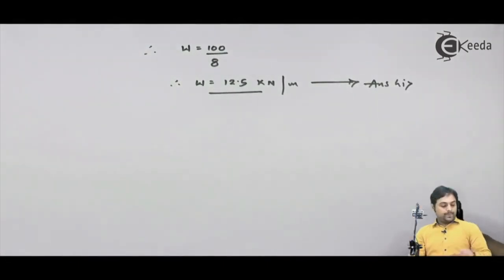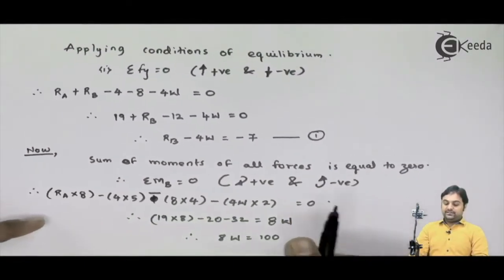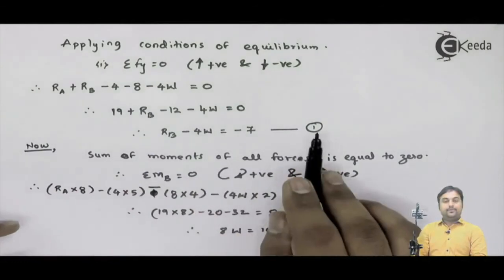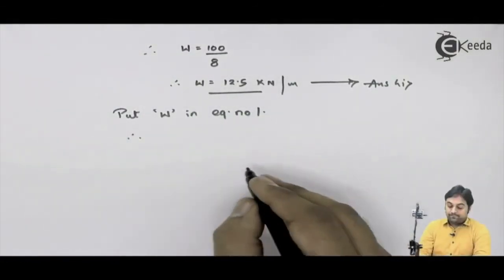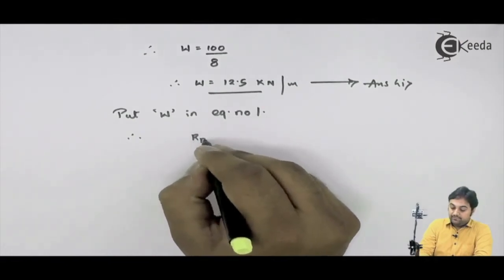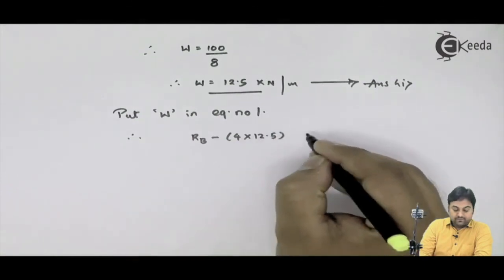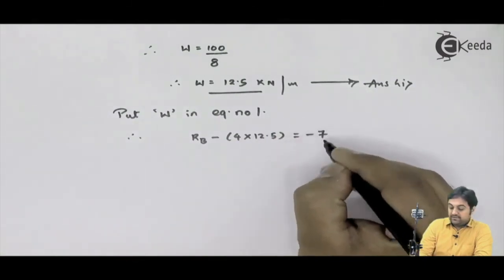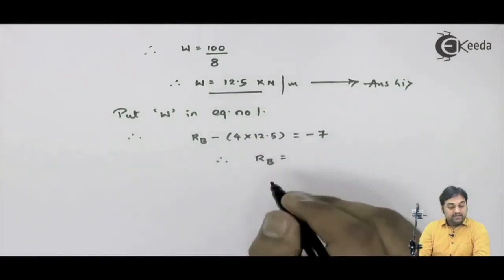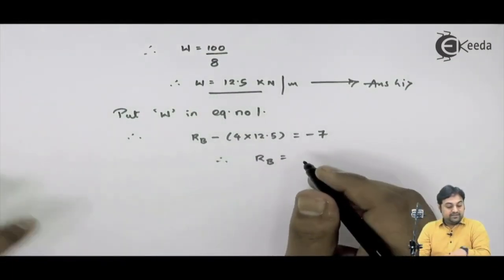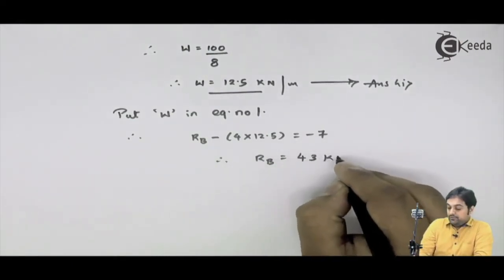After getting W, in the question we have to even solve the right hand reaction. So I'll put W in equation number 1. Therefore, I have Rb minus 4 into 12.5 is equal to minus 7. Hence, if I calculate the values here, I will be getting my RB answer as 43 kilonewton.